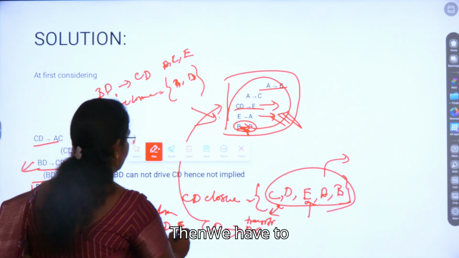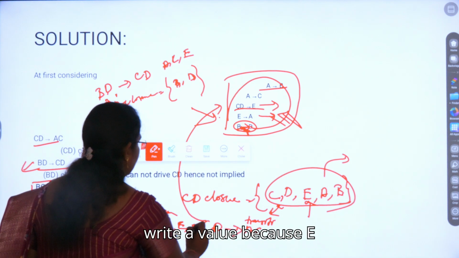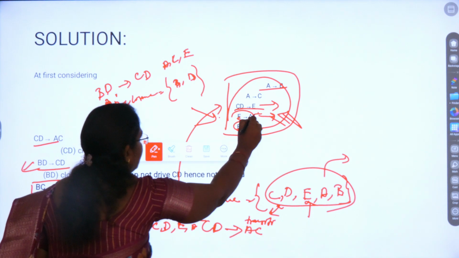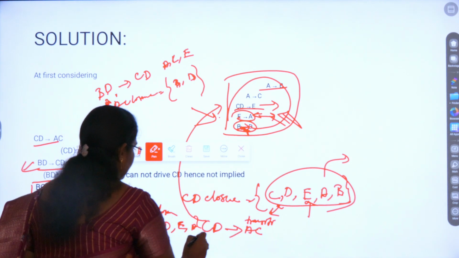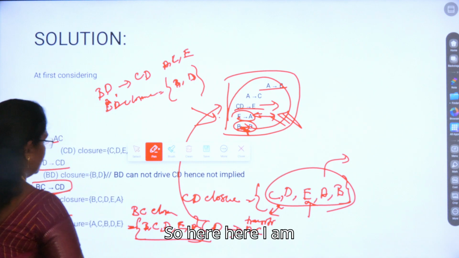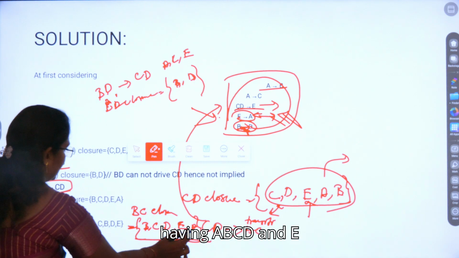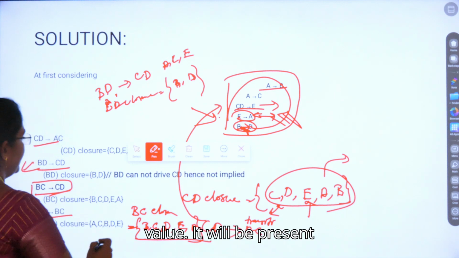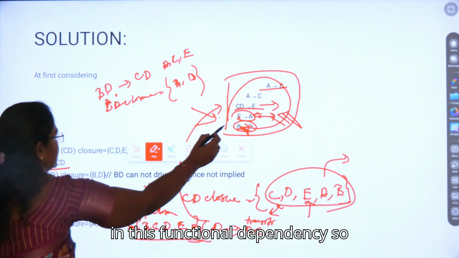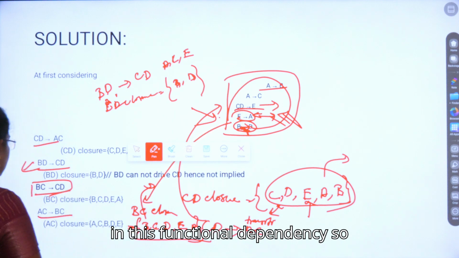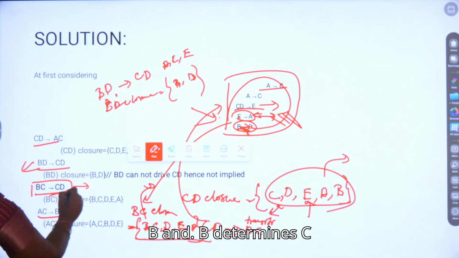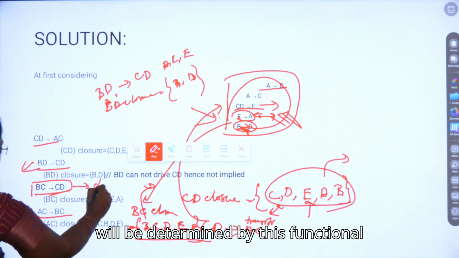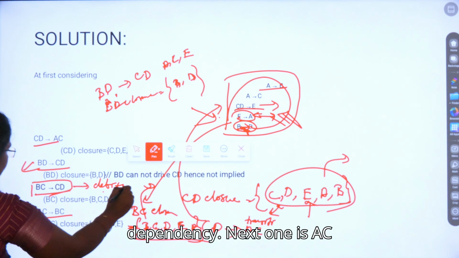Then we write A because E determines A. So here I have A, B, C, D and E. So BC determines CD is implied by these functional dependencies.